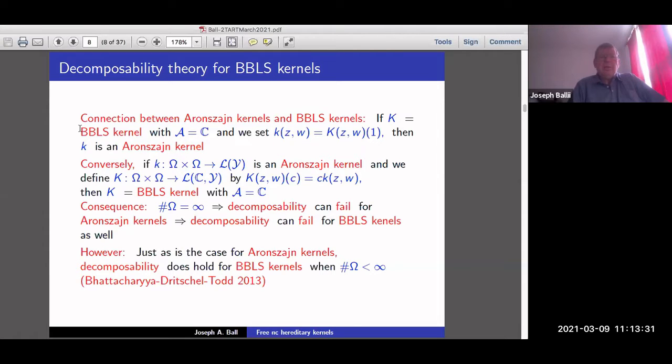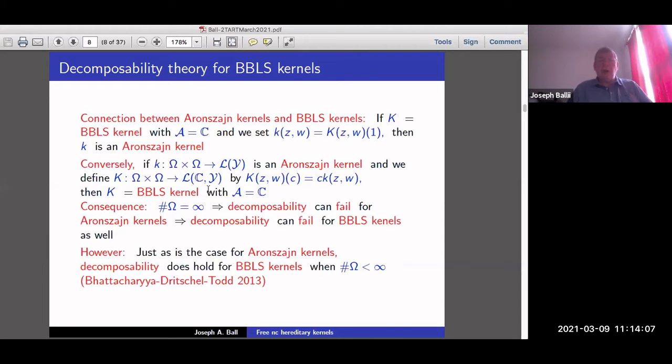Well, if K is a BBLS kernel, for the special case where your C-star algebra is just the complex numbers, then you form lowercase k by plugging in 1 into the operator algebra argument, and that's going to be an Ehrenstein kernel. Conversely, given an Ehrenstein kernel, you can form a new kernel, which we view as having values in operators from C to Y by just scaling by the C, and then such a K will be a BBLS kernel.